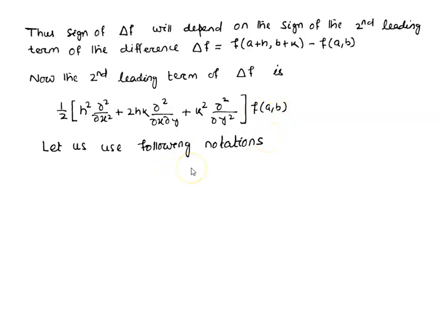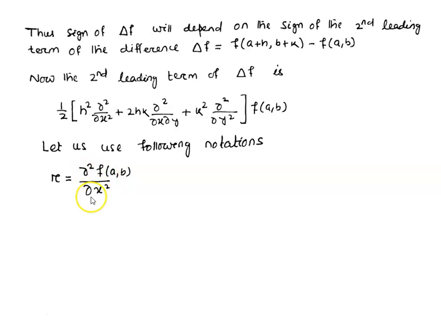Now let us use some notation to simplify this expression. Let us use some notation for higher order partial derivatives. Let us denote R as the second order partial derivative of the function f with respect to x at AB.